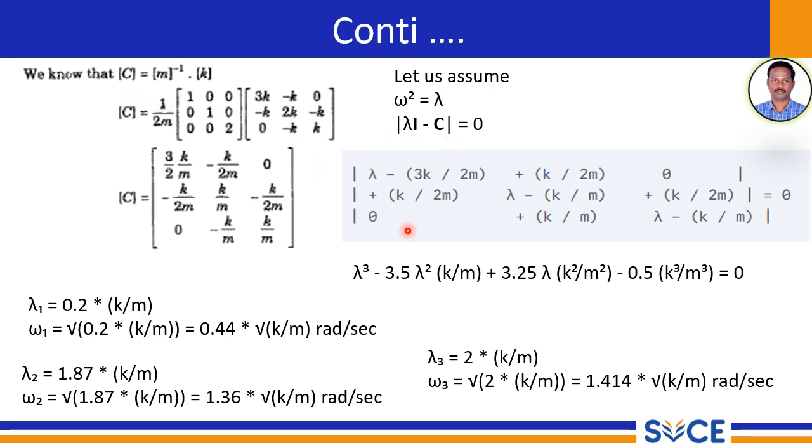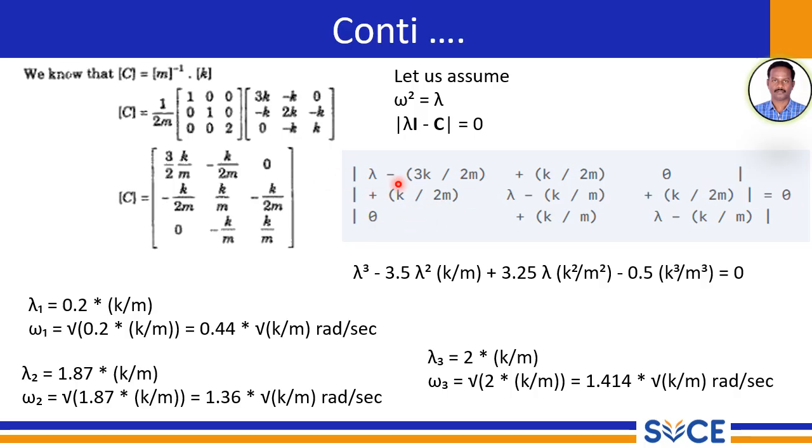So now we are substituting into lambda I minus C. C is this matrix, so lambda minus 3k by 2m. Similarly, lambda minus k by 2m. Then it is 0.